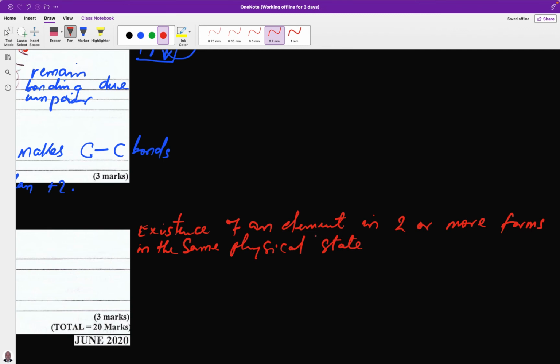Let's say in a crystalline state, in a solid state, in the same physical state, but differing in their physical properties.